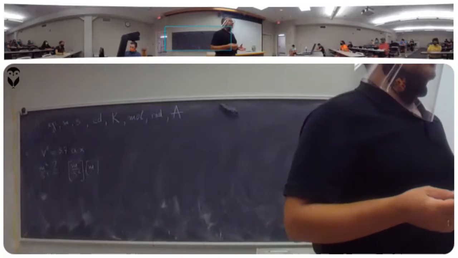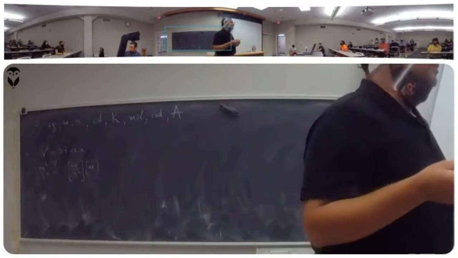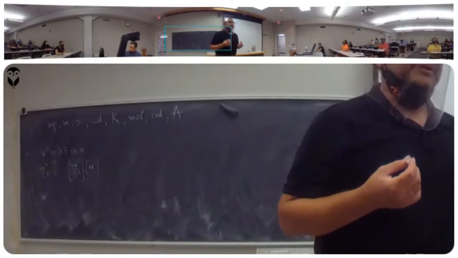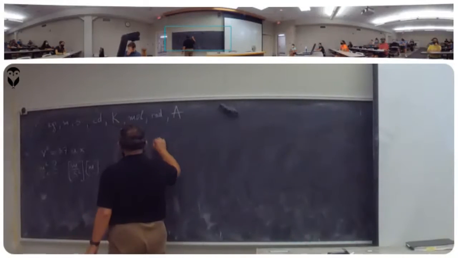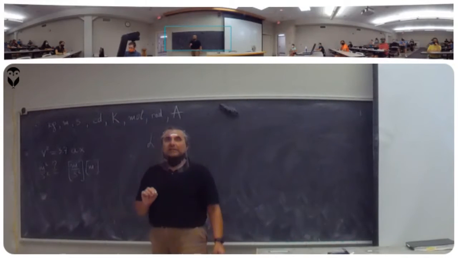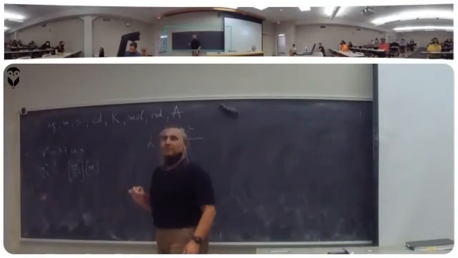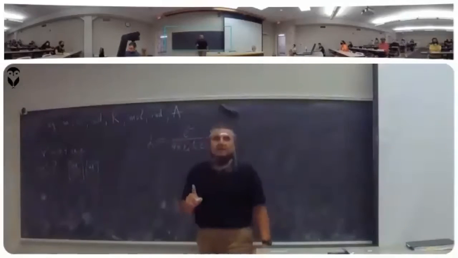So the fine structure constant is a constant of nature which describes the strength of electromagnetic interactions. That constant, denoted with alpha, is defined as elementary charge squared divided by 4 pi epsilon naught h bar c.